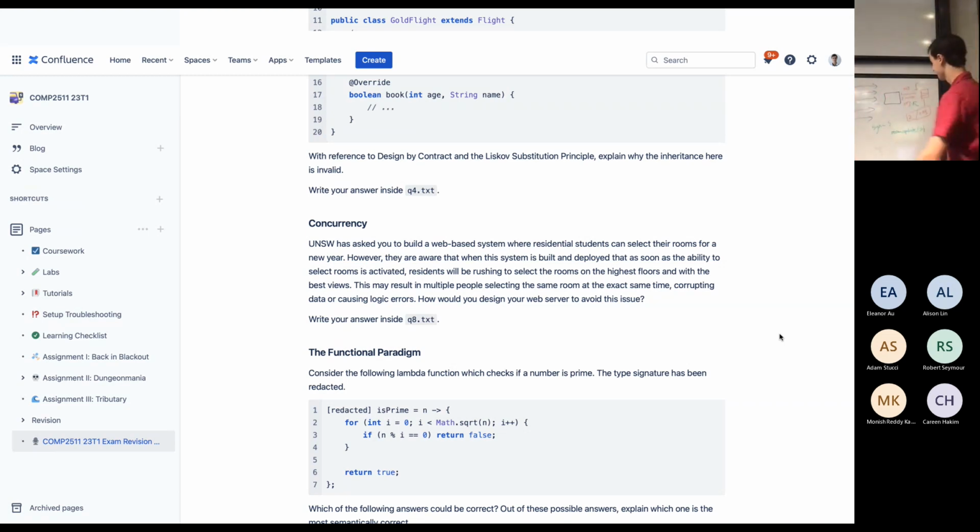So you can synchronize the update to the room, or you can just synchronize the entire web server. Which means that you have all these requests coming in at a time, and you just process one request at a time. So the requests sit in a queue. Let me draw this again.